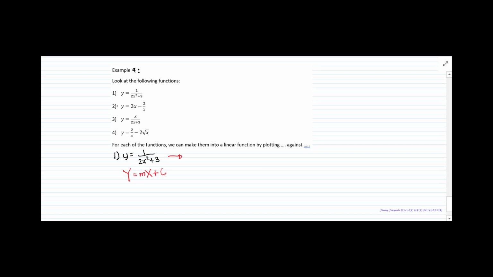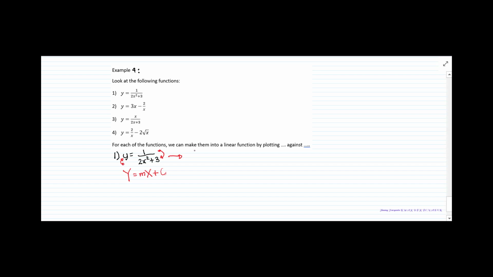How? It's easy. I think I should make this 2x squared plus 3 go upside, so I flip the right side. As you know, if I flip the right side, I have to flip the left side also.